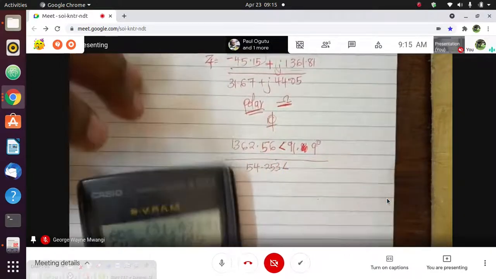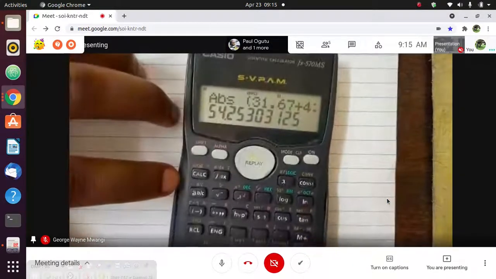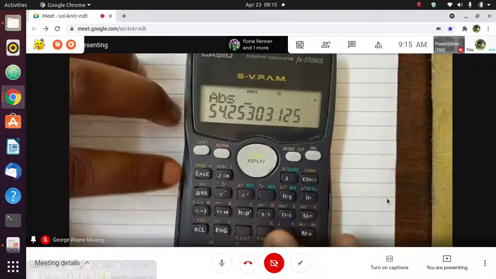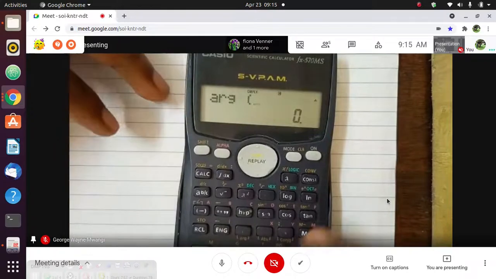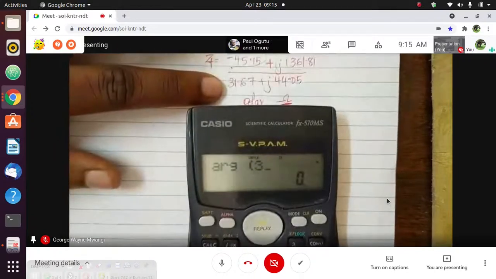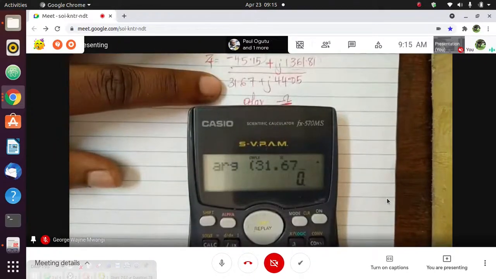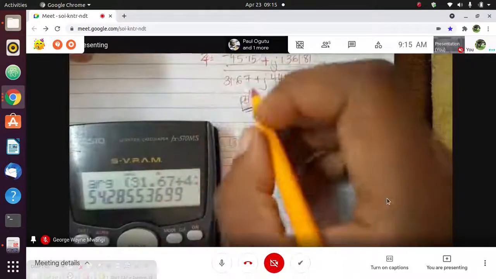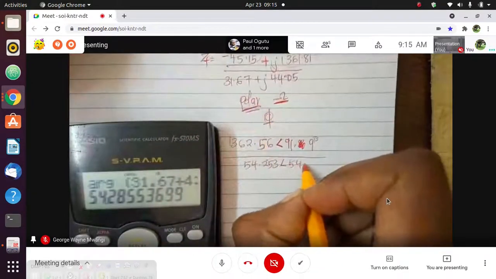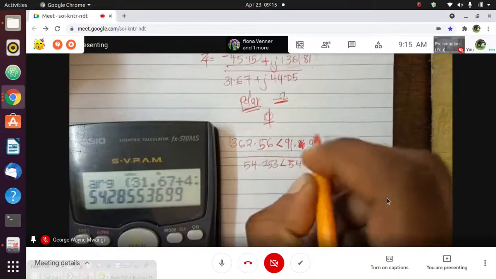And the angle will be shift argument. We input the values again, 31.67 plus 44.05 I. The angle is 54.29 degrees.